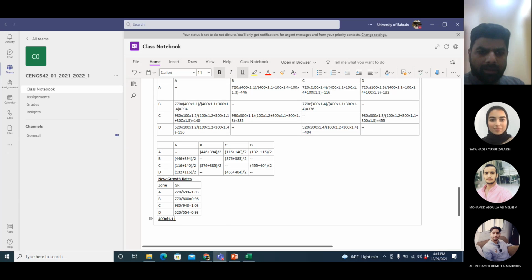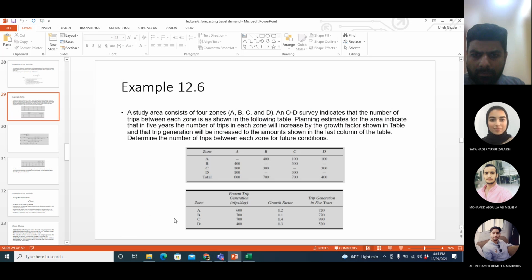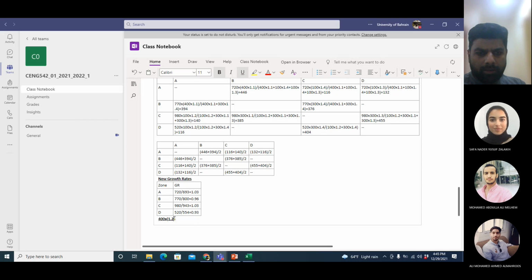So 1.2 and 1.1. This will give you the future value.